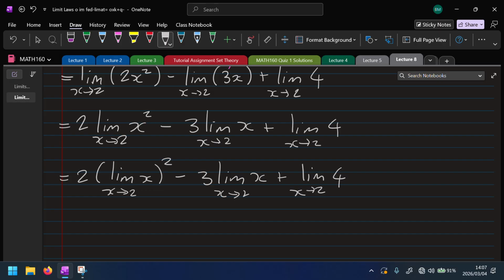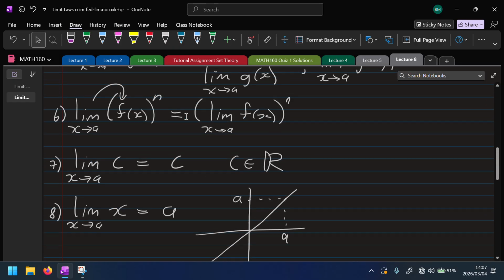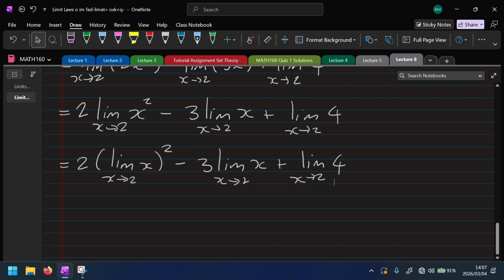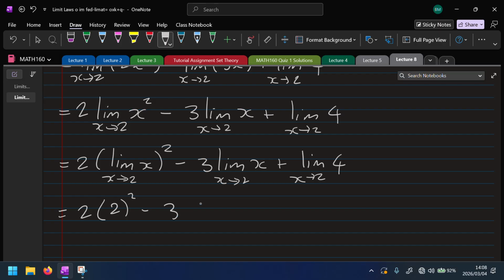For the first and second terms, we are going to use limit law number 8. Limit law number 8 says that the limit as x goes to a of x is a. So this is going to be 2 times the limit as x goes to 2 of x, which is 2, minus 3 times the limit as x goes to 2 of x, which is 2.